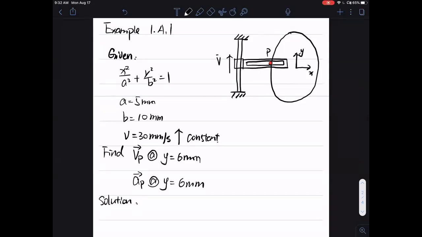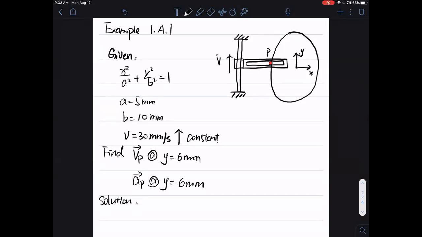Okay, that's everything we know about this problem. What's the first question you should ask yourself before we start this problem? What was the first step we did for the last example? Yeah, what coordinate system do we want to use?